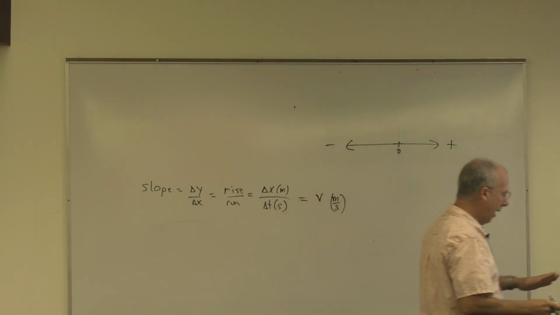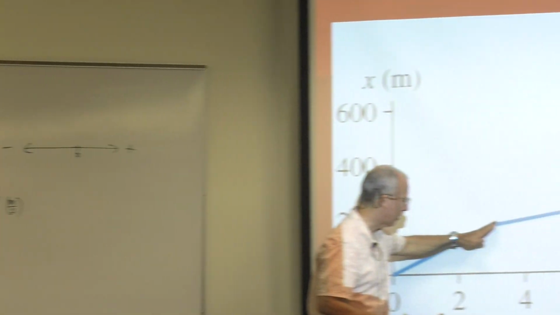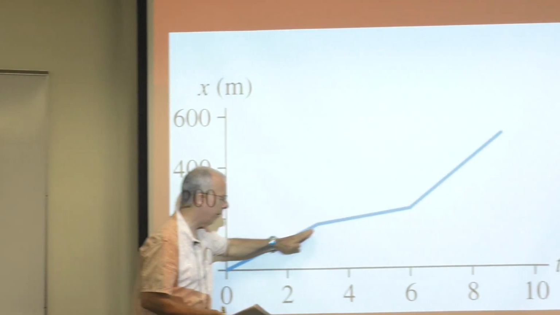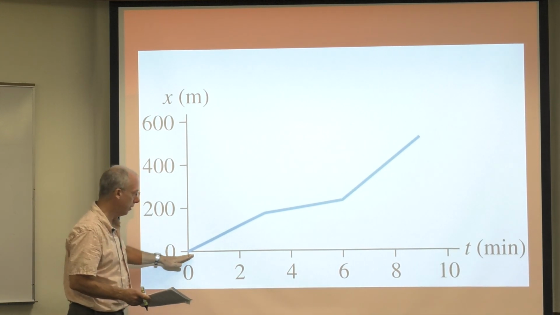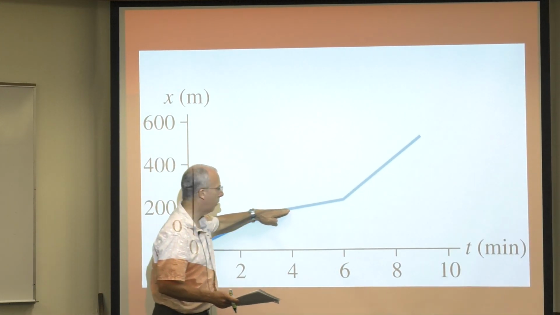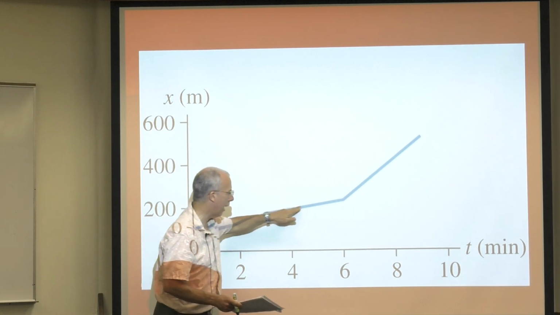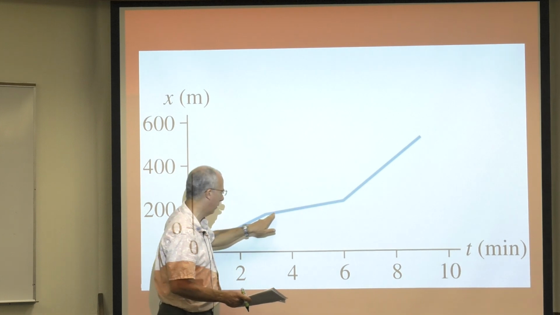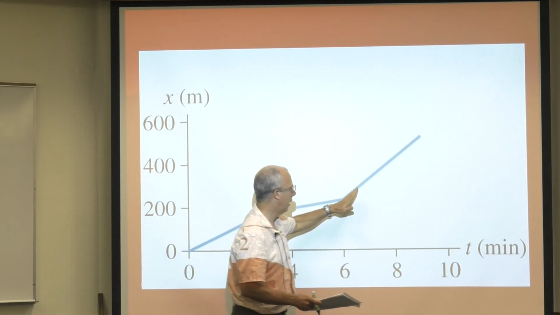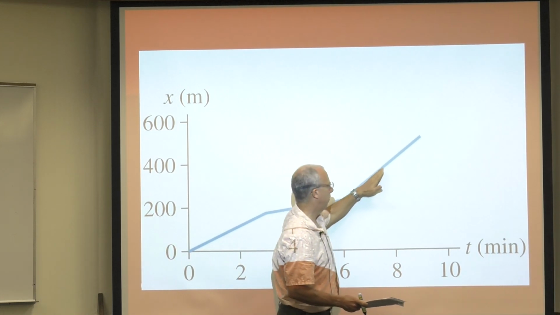Here the slope is constant, so the object has the same speed in the same direction. Here the slope has decreased, so the object slowed down, but again same speed and same direction over this line. And then what happens here? It's a faster velocity.